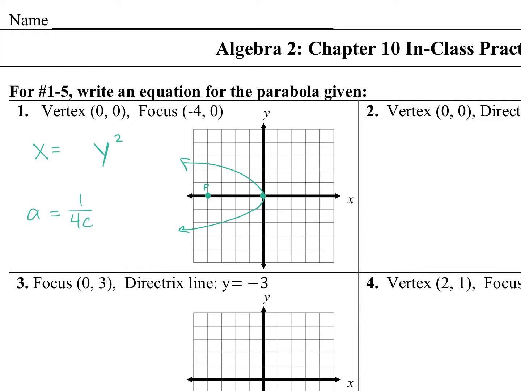What is your C value right now? Negative 4, right? From center to focus is a negative 4. So that's your C value. So 1 over 4 times negative 4 is negative 1 over 16. And that will be your equation.